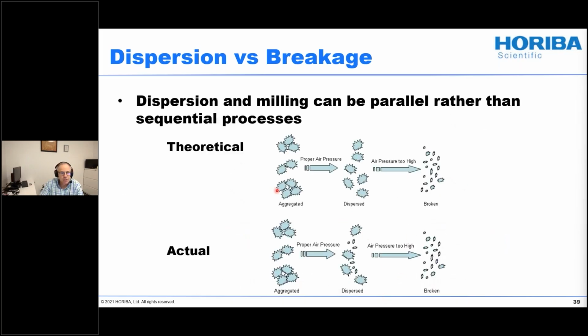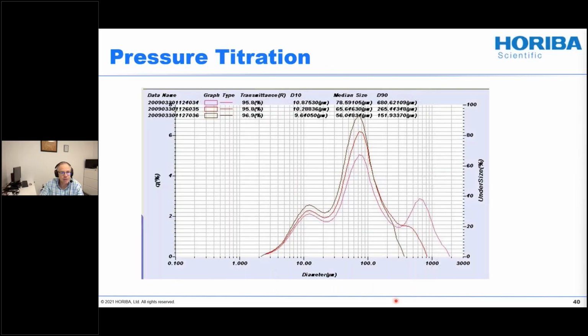Because in our mind, we say, oh, I have some agglomerates, I add the air pressure, the agglomerates break up, but my particles are fine. In truth, you add some air pressure, the agglomerates break up, but a few of the particles also get broken. Then when I go too high on the air pressure, all my particles are broken. And so that's what leads to the softening of the slope.